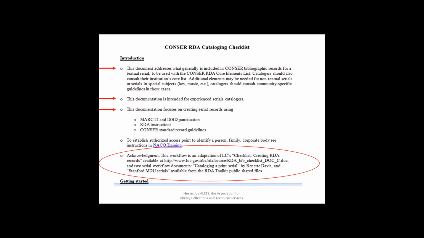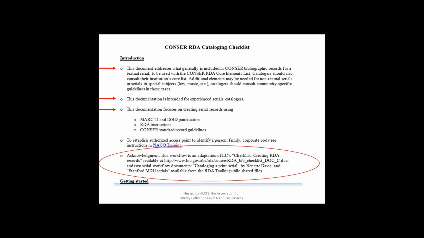It's meant to be something to walk a cataloger through the description of a serial, and it is really aimed for use with textual serials. It's used in conjunction with the element set, and all of the instructions here are based on the RDA core elements.